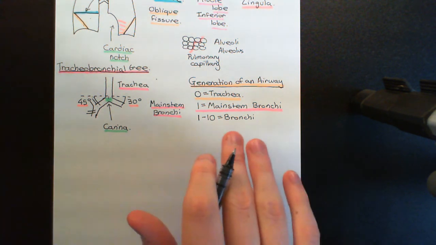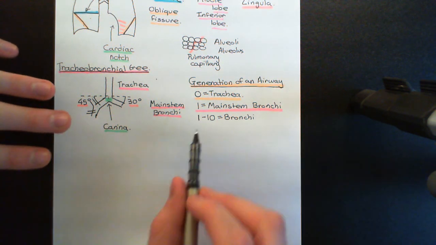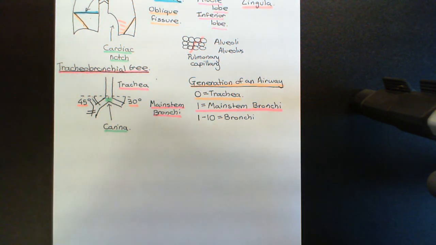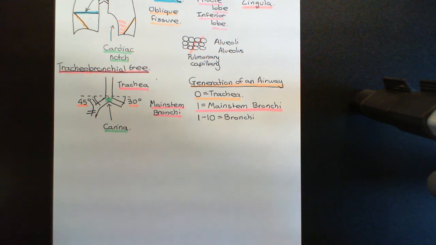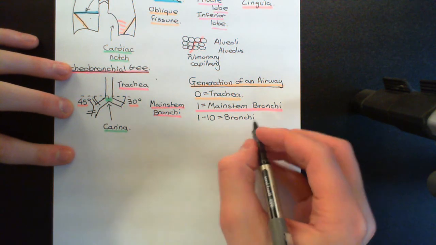However, generation 1 to 10 airways are the ones that tend to actually be the bronchi. They tend to have cartilage in them. So this isn't a rule that will work in absolutely every single case. So you might be able to find, let's say, a generation 11 airway, which should be called a bronchus. But the general rule is that generation 1 to 10 airways are going to be bronchi.